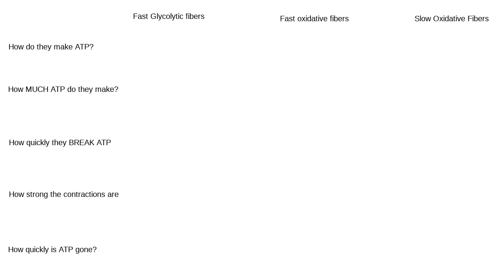So let's start with our fast glycolytic fibers. This type of tissue, fast glycolytic fibers, how does it make its ATP? Which way is it making its ATP? If it's fast glycolytic, what does its name tell me?